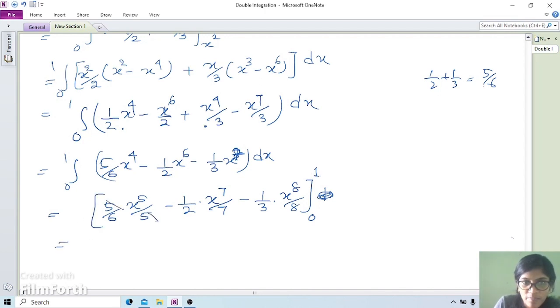Here 5 and 5 are cancelled. 1 by 6 minus, putting x value equal to 1, 1 by 14 minus 1 by 24.